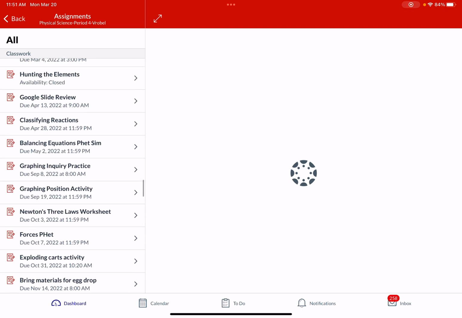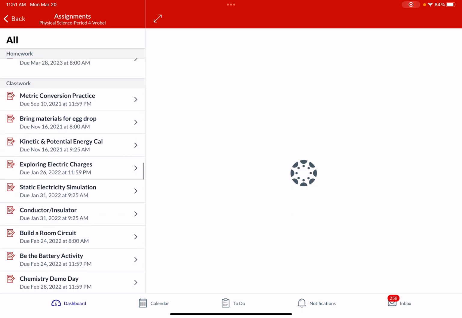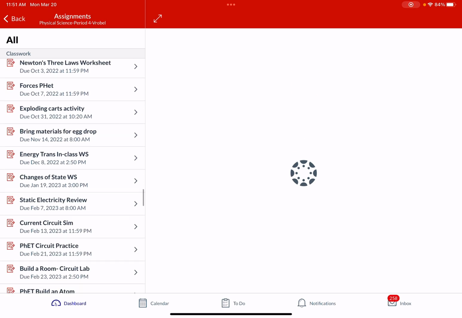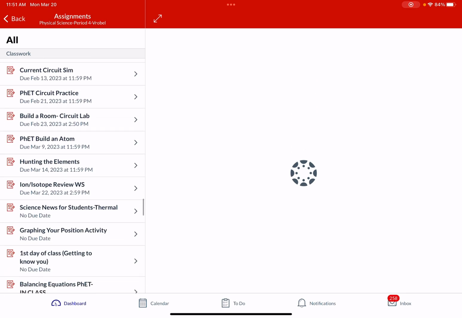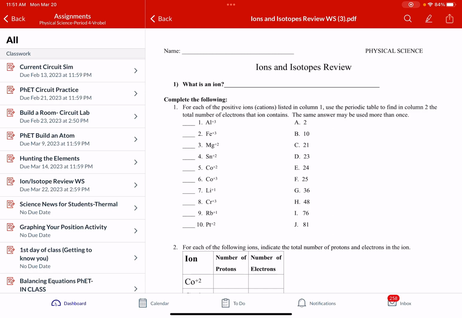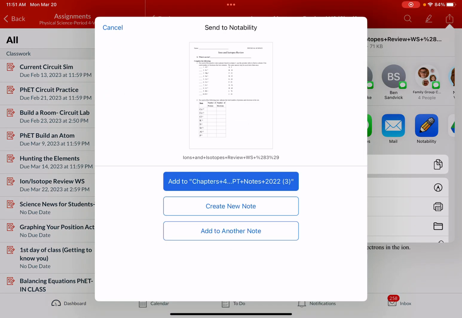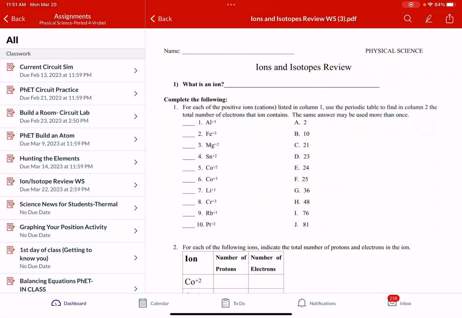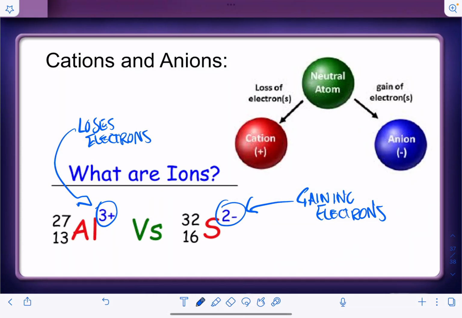Where'd it go? Sorry, guys. Oh, here it is. Okay, so ion isotope review. This will be on your home page. So I need you to put this into Notability. And I'm going to show you just 2 problems, and then you're going to do the rest yourself.